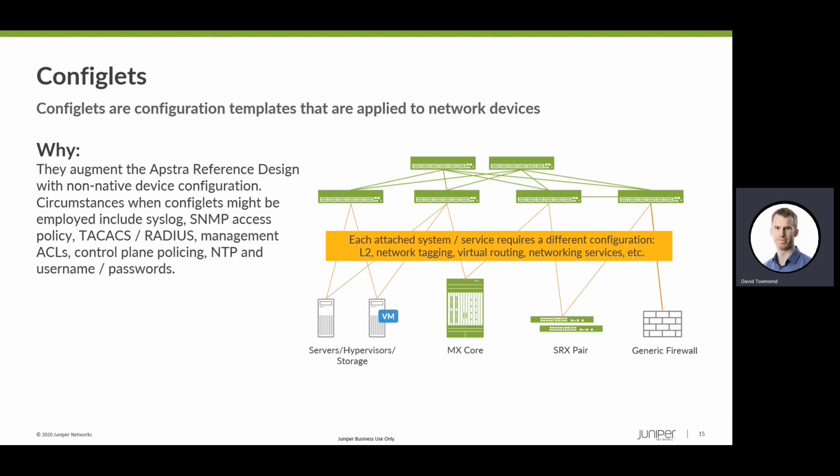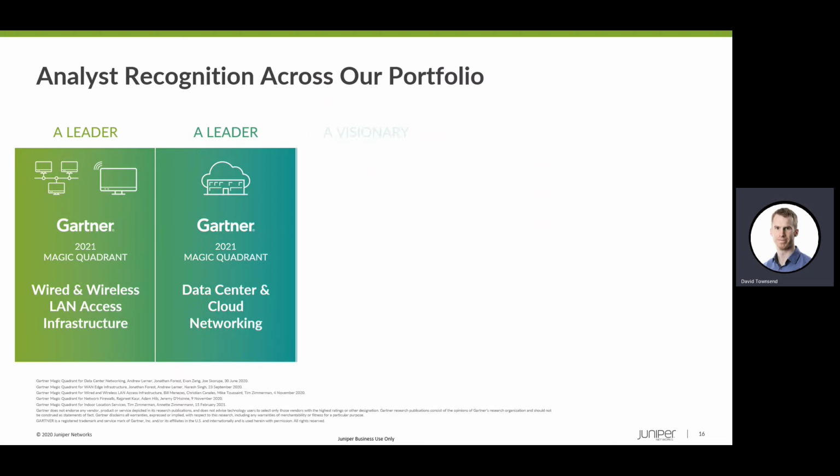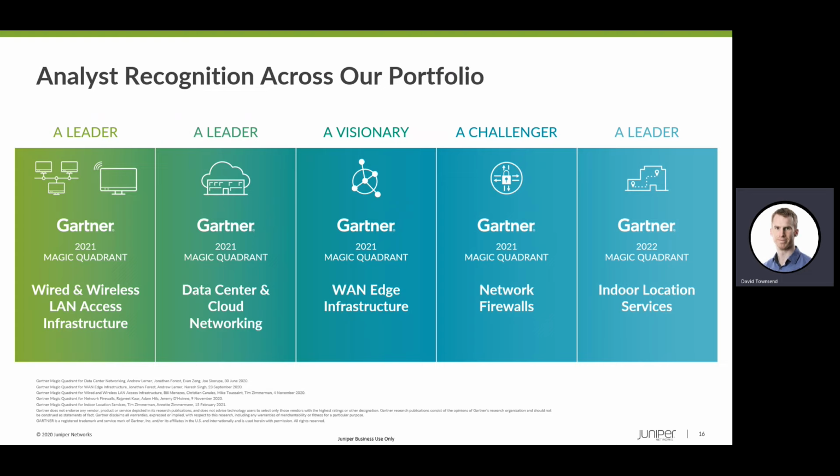So moving to closing off now, it's important to be partnered with a leader in technology, and we are very proud that we have been recognized across the board by Gartner for our technology innovation, our ability to execute, and strong market momentum.